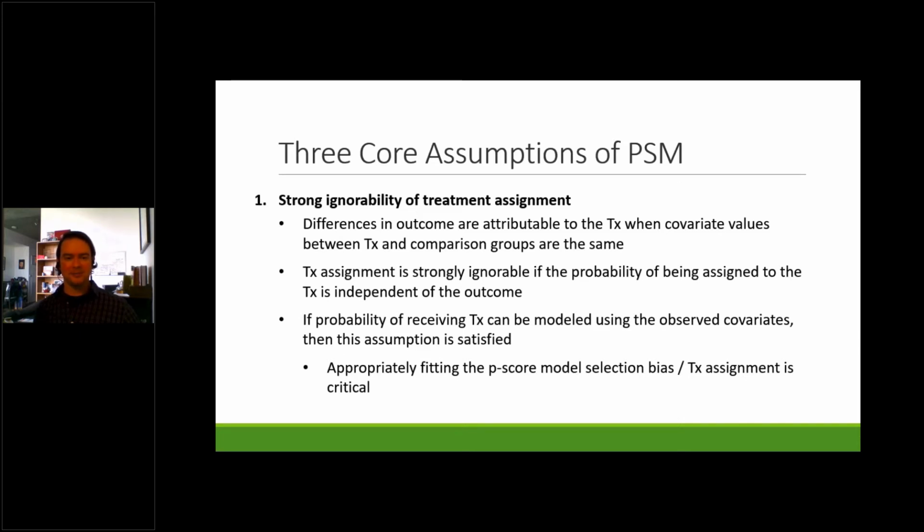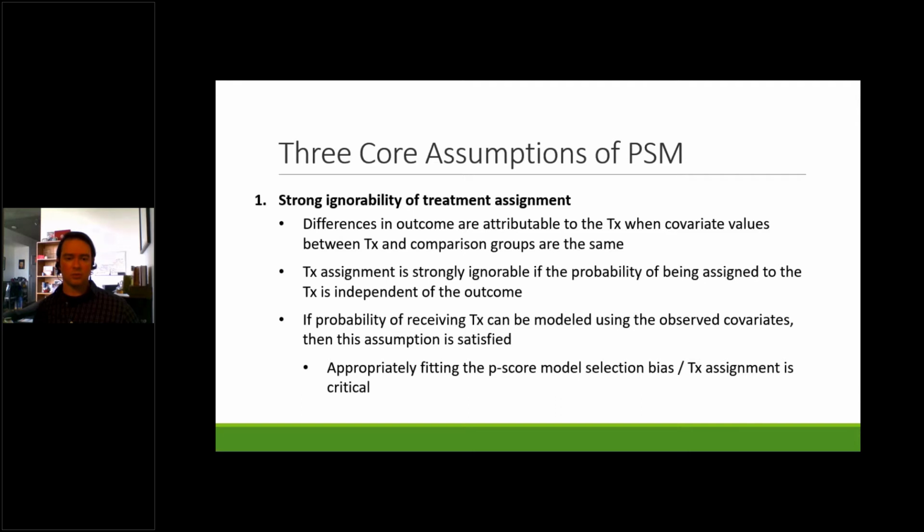None of these are relatively easy to say, but they essentially state that the observed outcome differences are attributable to the treatment when covariate values between the treatment and comparison cases are the same. Thus, the treatment assignment is strongly ignorable if the probability of being assigned to the treatment, conditional on the observed covariates, is independent of the outcome.